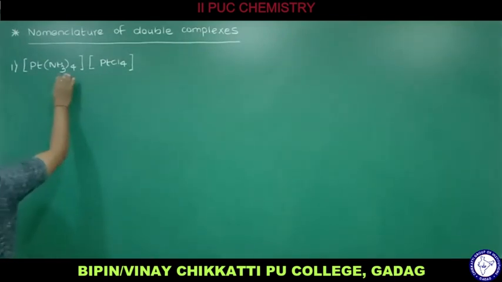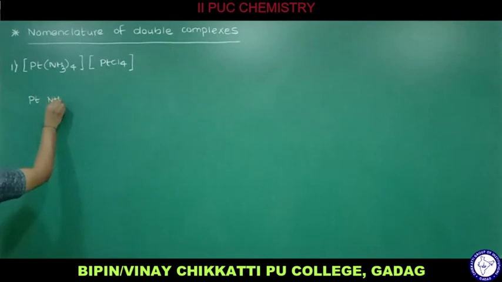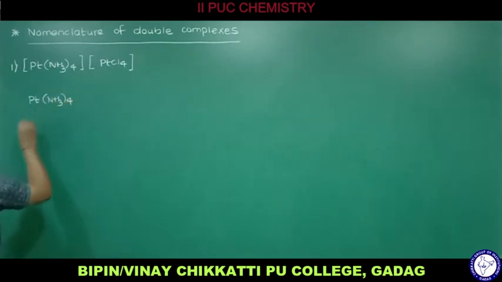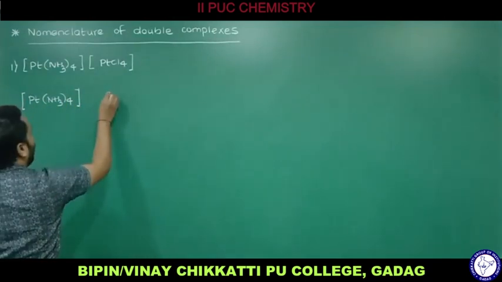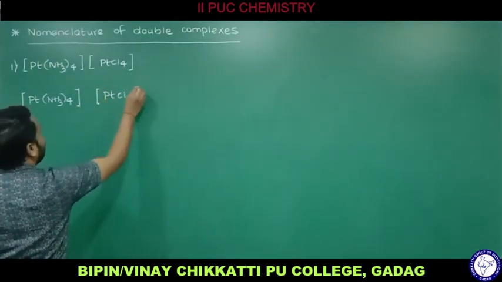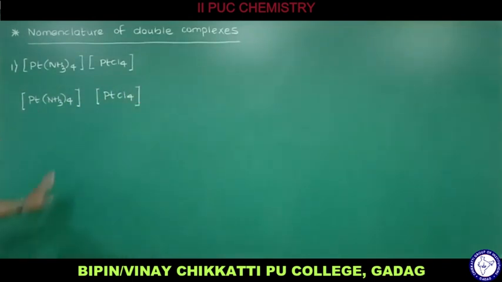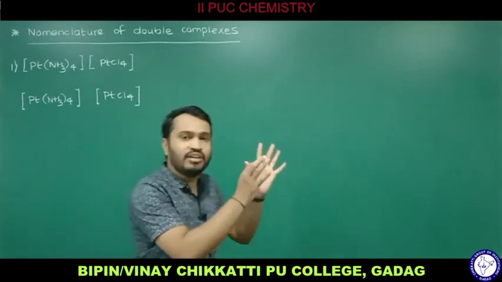So this will be the cationic, this will be the anionic, as I said. First I am going to consider the first complex, that will be Pt(NH3)4. This will be the cationic complex, and I consider one more, that is PtCl4, that would be the anionic complex. The charge we don't know. In the hit and trial method, we randomly consider the charge.